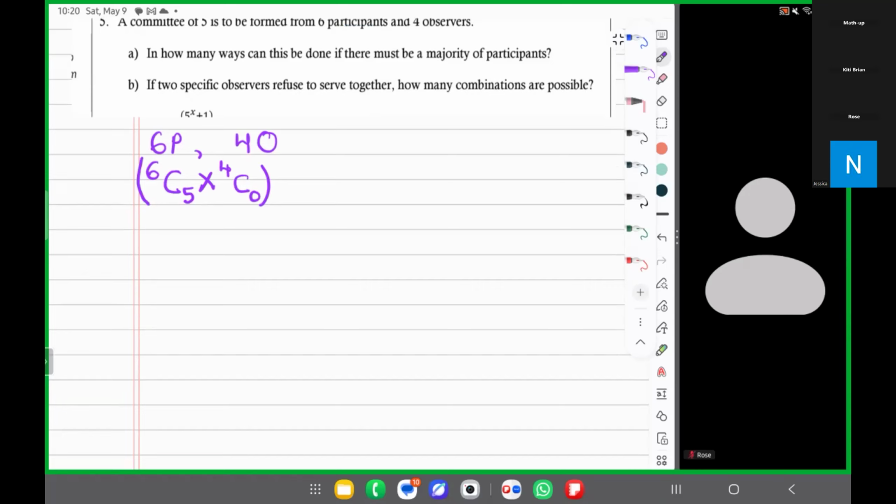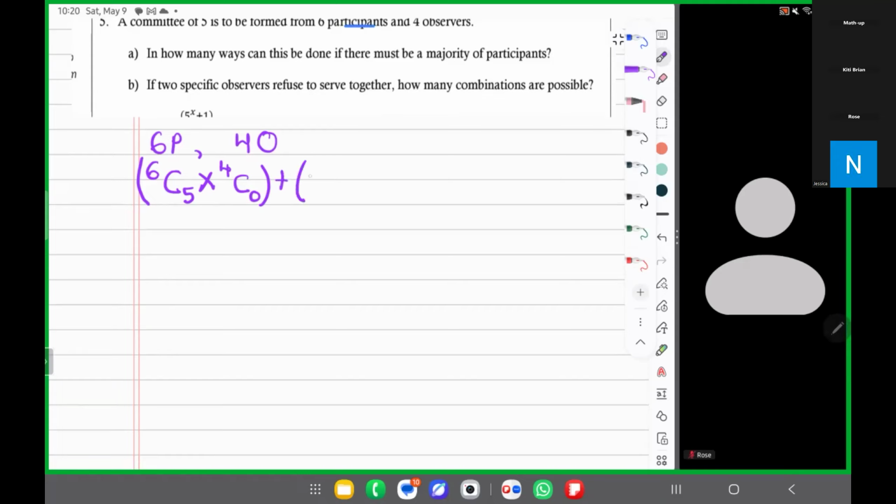Then I can keep on decreasing the number of participants while increasing the number of observers, but bearing in mind that the number of participants must not go below the number of observers, which is the condition we had in part A. So that's the first way of forming the committee.